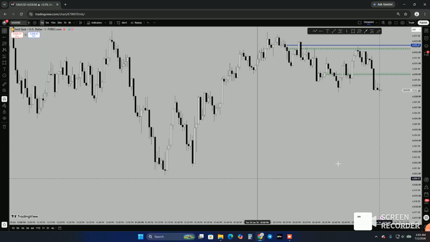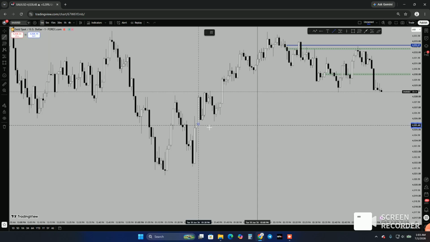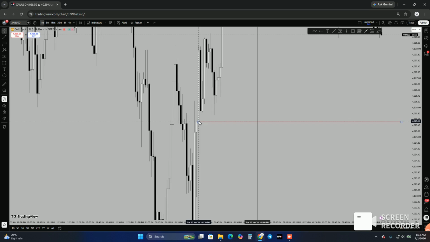So what I can see here, is there any gap we have left? Yes, 1:30 p.m. low. This is the 1:30 p.m. Okay, so previous candle to this candle, you can see this is also a gap.